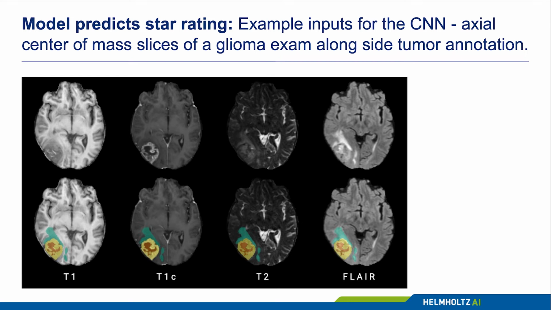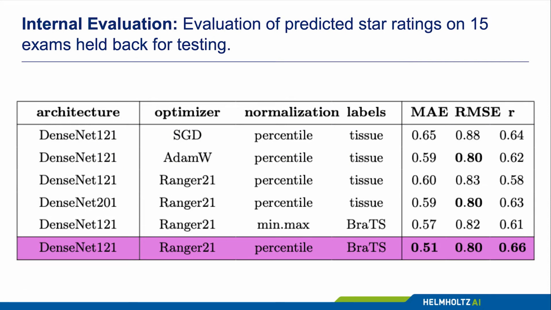In the manuscript, BRATS label encoding is mentioned. What is meant by that? That's right. Here, necrosis and enhancing tumor form the tumor core while all three labels combined represent the whole tumor. First, multiple network architectures, optimizers, normalization and label encoding strategies are evaluated on 15 of the 75 exams held back for testing.